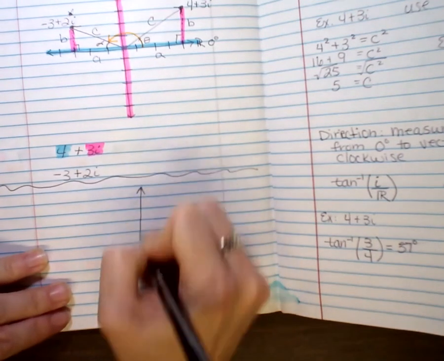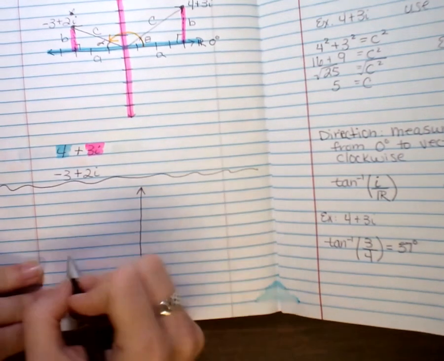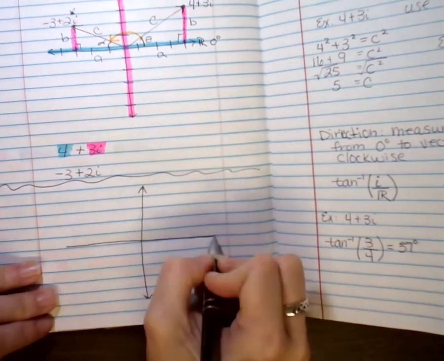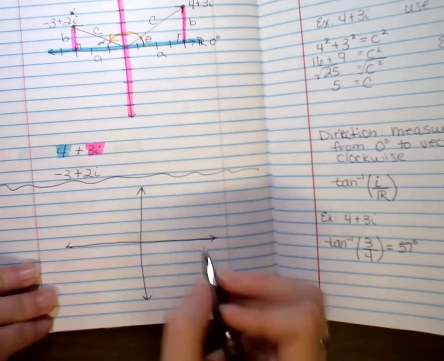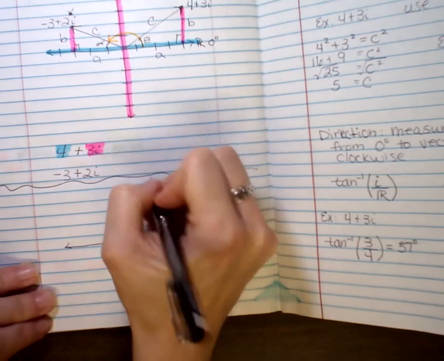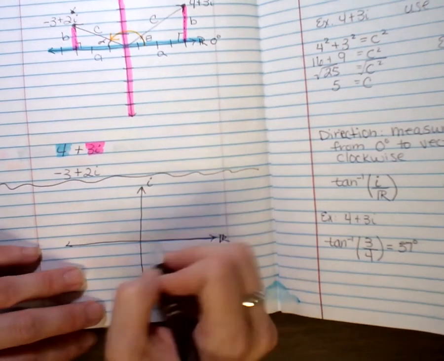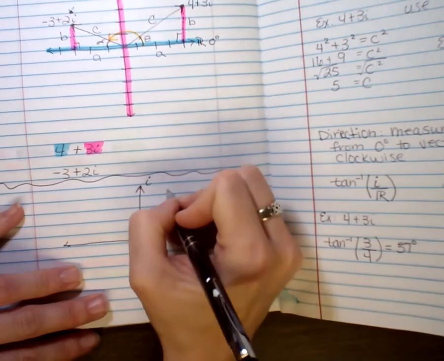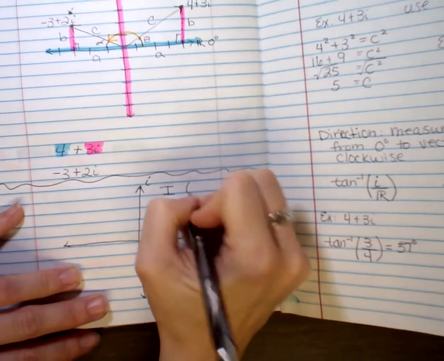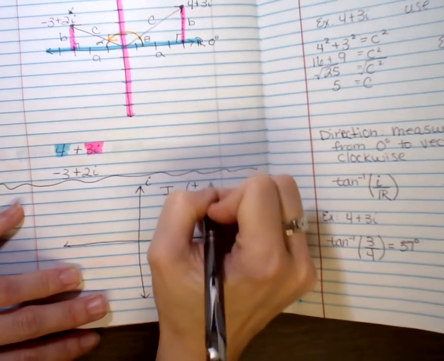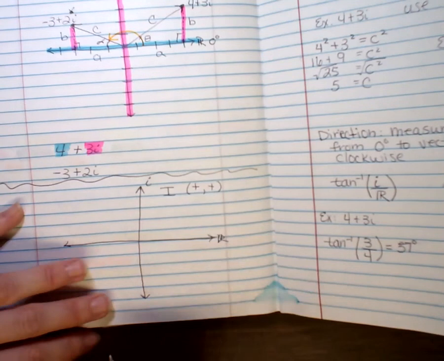All right, on our graphing page, let's go ahead and make ourselves another small coordinate plane and label our real and imaginary axis. And so if we are in quadrant 1, we know that both our imaginary and our real numbers are positive.